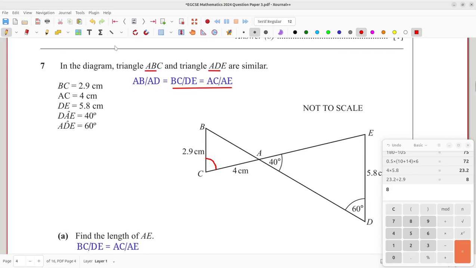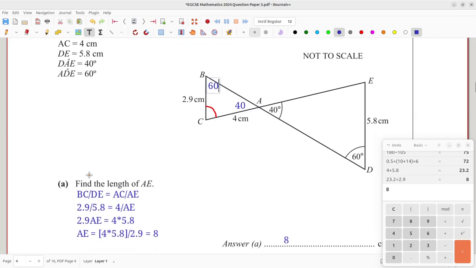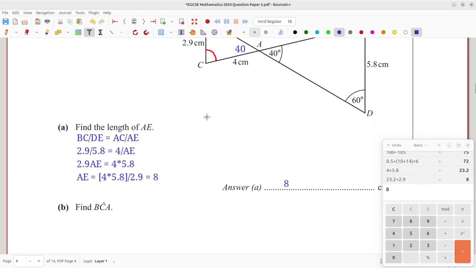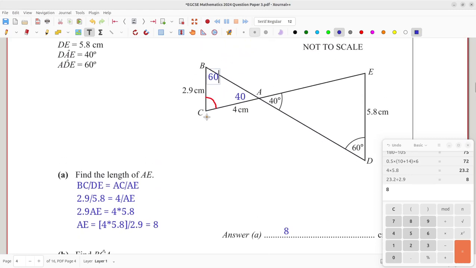First of all, this angle here is 40 degrees because they are vertically opposite. And this angle here is going to be 60 degrees since they are alternate angles. So the angle we are looking for, using the sum of angles in a triangle, is going to be 180 minus (60 plus 40).